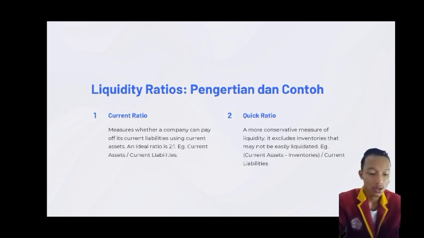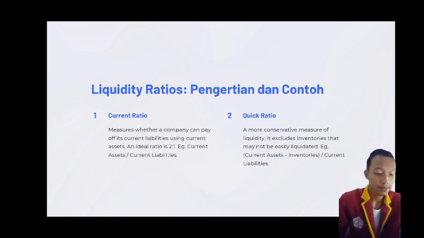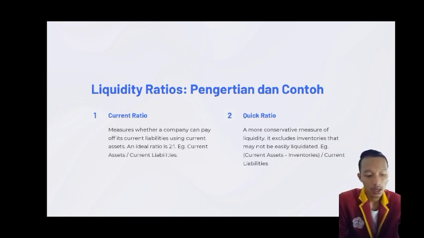The formula is current assets divided by current liabilities. Point number 2, quick ratio. A more conservative measure of liquidity, it excludes inventories that may not be easily liquidated from current assets, divided by current liabilities.